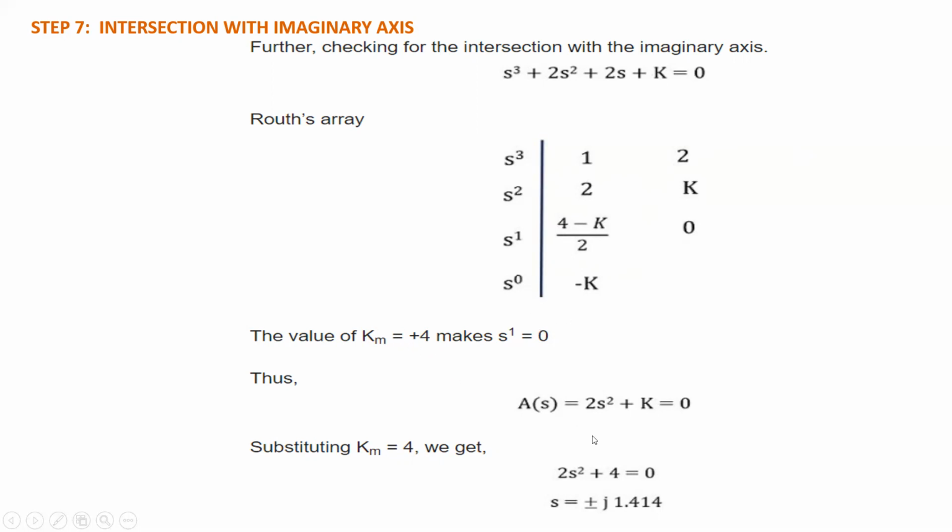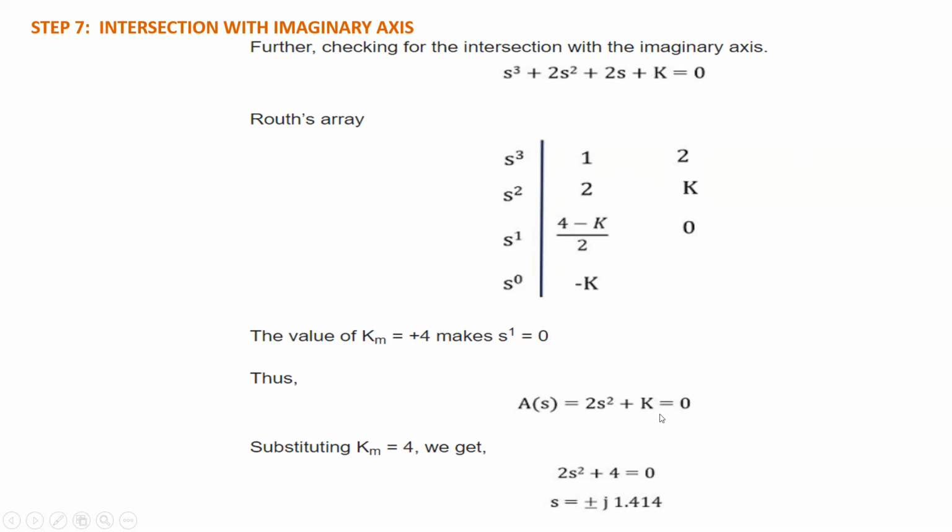If we do that, we have k equal to 4 as the threshold value for the marginal stability condition. The auxiliary equation, from the row above the zero row, is 2s square plus k.